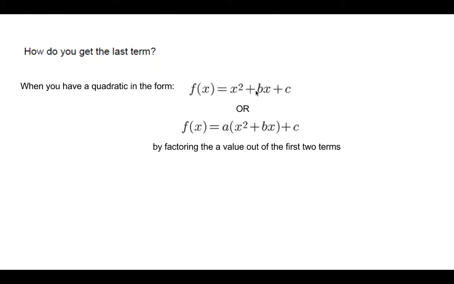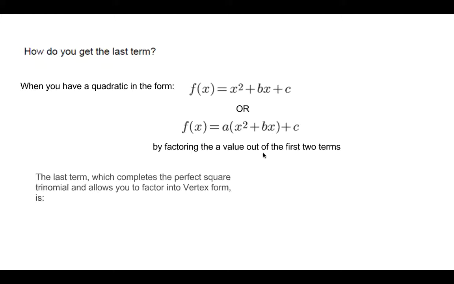We could call this b over a, but that's the form that we actually want just by factoring it out. B is probably not the right letter to use there, but that's what you want. You want to get it in that form. And so you need a perfect square in that middle there. And you get that by cutting b in half and squaring it. That's what will always work.